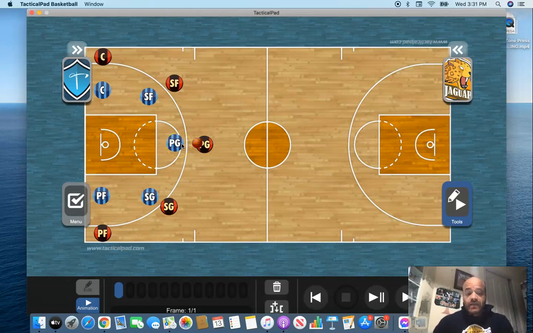Okay, the second technique, or technique 2, is gap or deny. And gap or deny is the type of defense that you play if your check is one pass away. One pass away means that he doesn't have the ball and that you have to move into position where you need to help your teammate who's defending the player with the ball by moving into the space we call the gap.